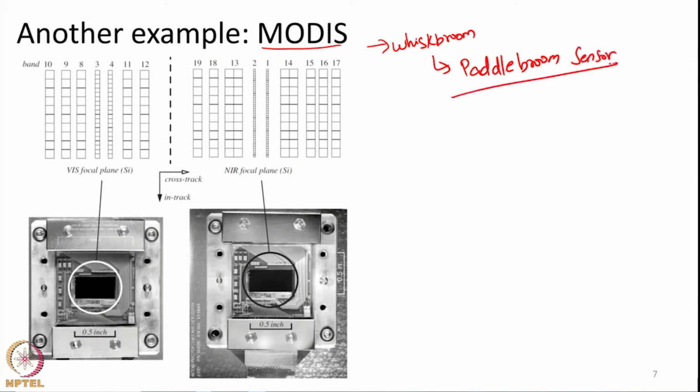I earlier told you there will be a scanner element scanning like this, whereas in MODIS they have attached the scanner with mirrors on both the sides, a very highly polished mirror on the bottom, similar mirror on the top. This will be continuously rotating, instead of scanning like this it will be rotating like this.